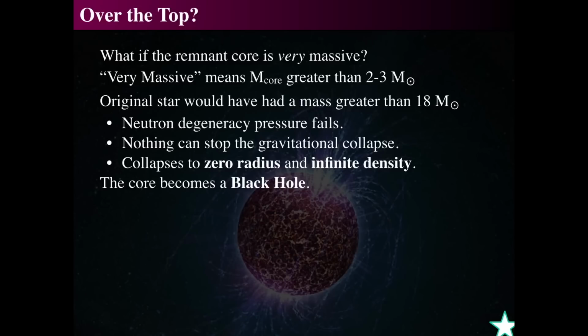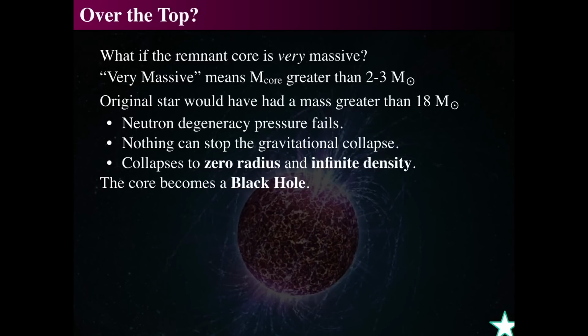So what happens when that happens? What happens if the remnant of the core is supermassive, meaning the core of a star is greater than, say, about 3 solar masses? If it's bigger than that, then the original star must have had a mass greater than 18 solar masses.